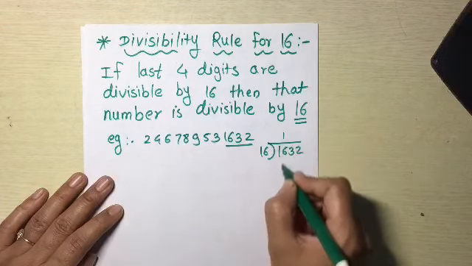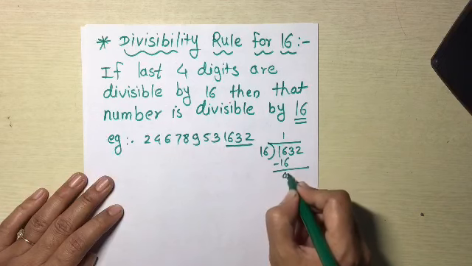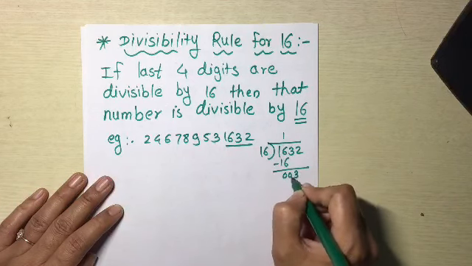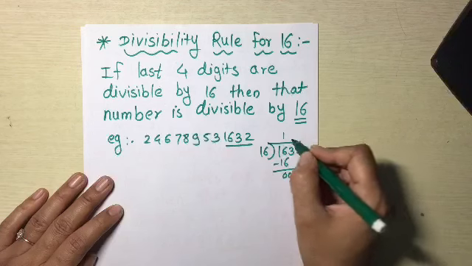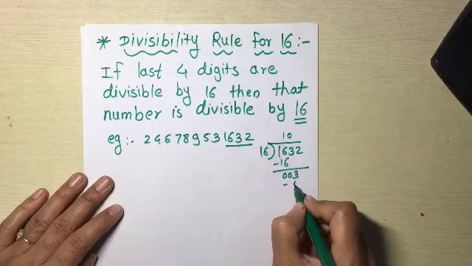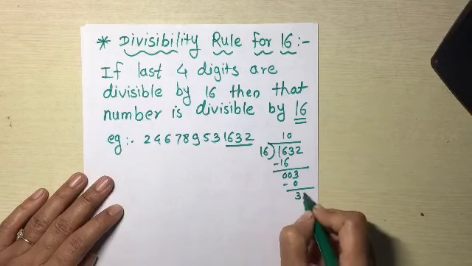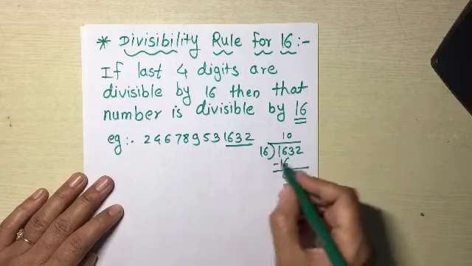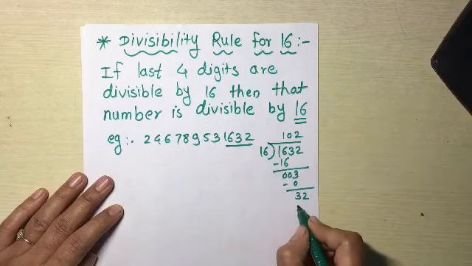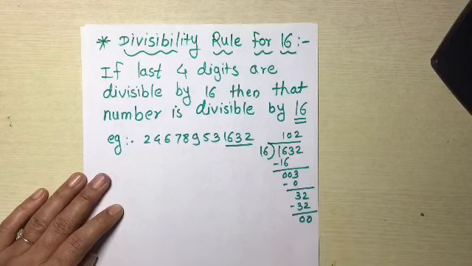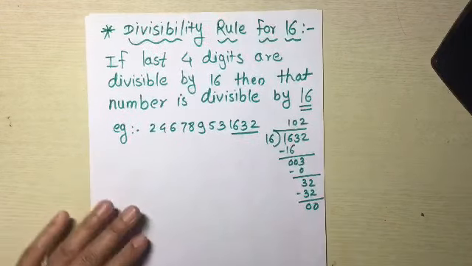Okay, 16 ones are 16, 0, 0. यहाँ से 3 लिया, यहाँ पे 0 लिख दिया, 3 minus 0, 3, 32, 16 2s are 32, 0, 0. So this number is divisible by 16.